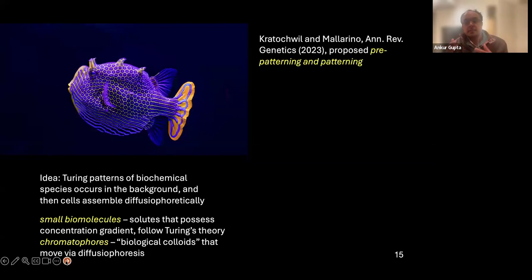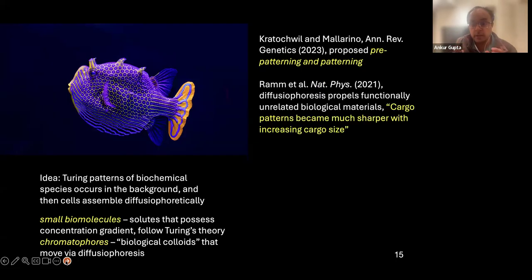So we didn't just come up with this idea by ourselves. There are other things that led us to believe that. So for instance, this beautiful article in Annual Review of Genetics talks about this pre-patterning and patterning, which has been observed in different species. So this pre-patterning is like the small biomolecules and patterning is like the chromatophores diffusive phoretically moving. Then I'll show this data quickly, but this paper from Ram et al. in Nature Physics, where they use diffusive phoresis to functionally propel unrelated biological materials, they report that cargo patterns become sharper with increasing cargo size.